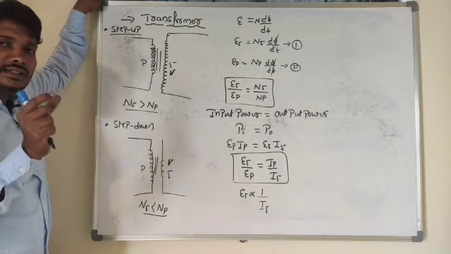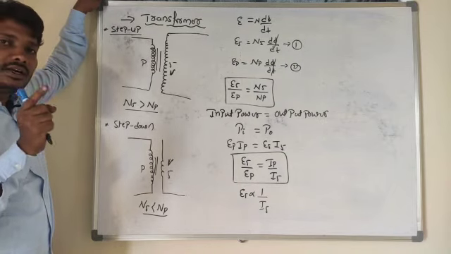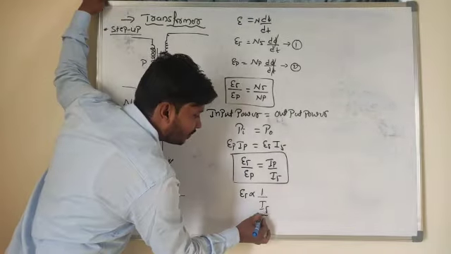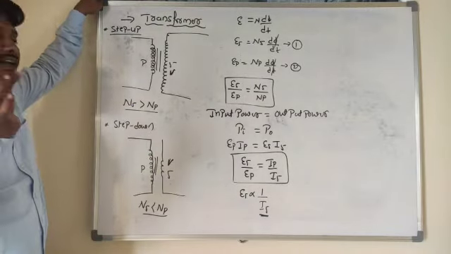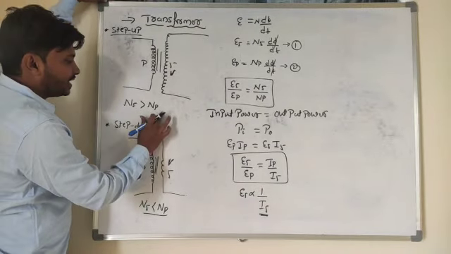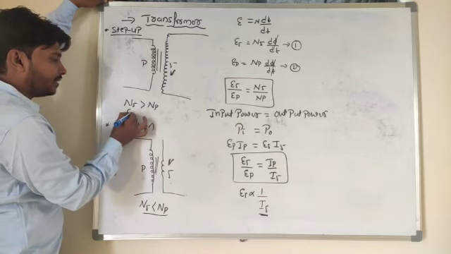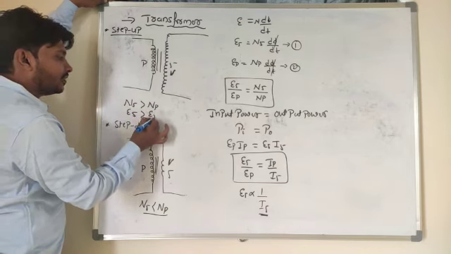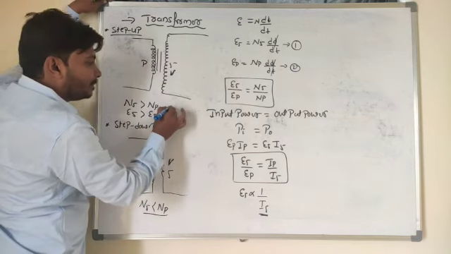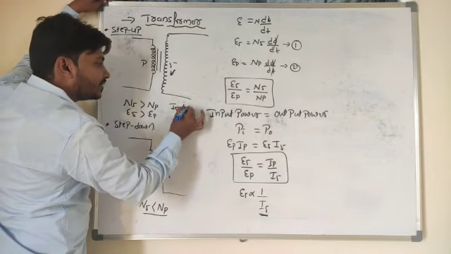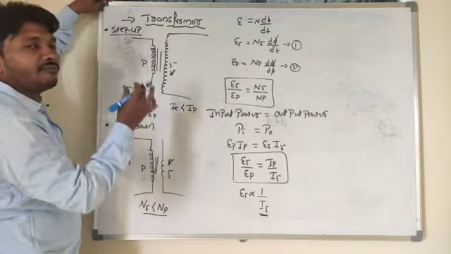So when the alternating voltage increases, what about its current? The current value will decrease. So look here, in case of a step up transformer, the number of turns in the secondary coil is greater than the primary coil, the EMF in the secondary coil is greater than the primary coil, but the current in the secondary coil is less than that of the primary coil.